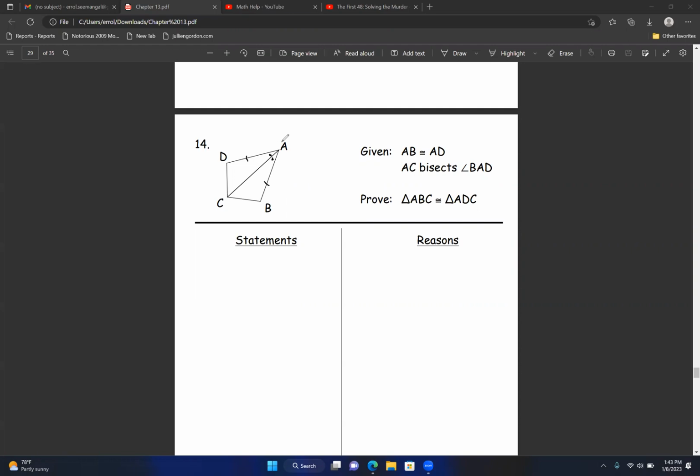Which one of the 4 will this one be? Side angle side. Exactly. Then we'll use the common side AC. What's number 1?